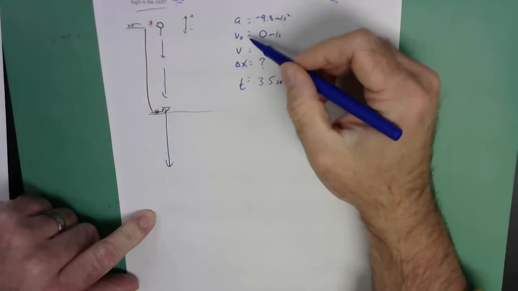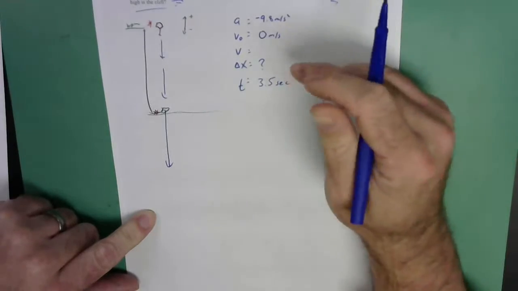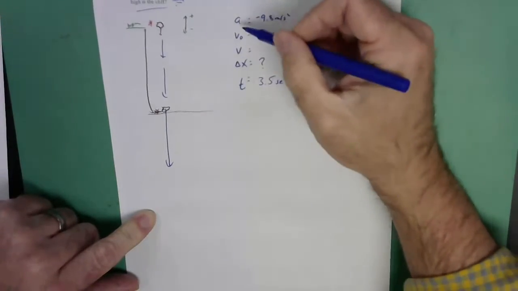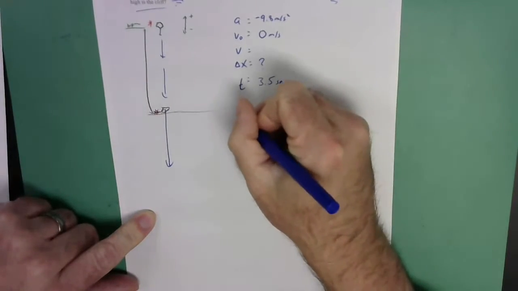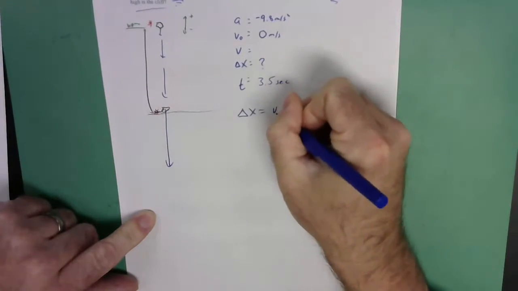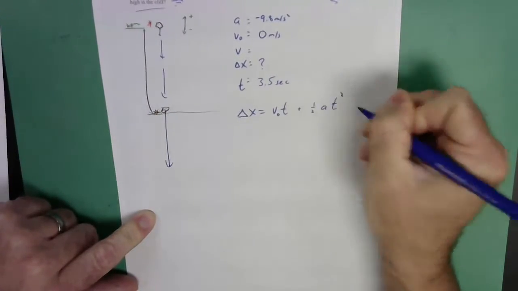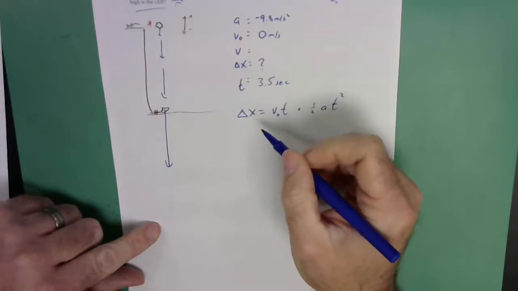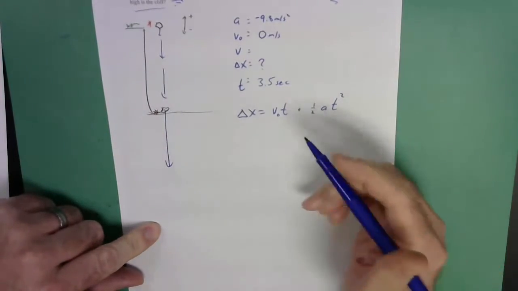So we're going to work with these variables: a, V naught, delta x, t. It'd be swell if I had a formula that didn't have V, a formula for motion that just had these 4 variables. And guess what? We've got one. It looks like this. Delta x is V naught t plus 1/2 a t squared. So I'm going to use that formula. You know what we're trying to find? Delta x. Look, it's already isolated for us. That was convenient.